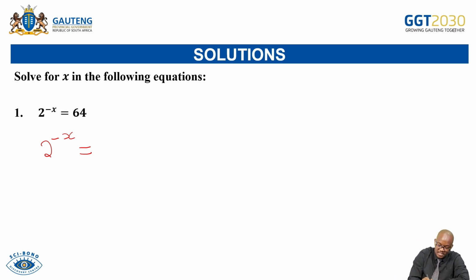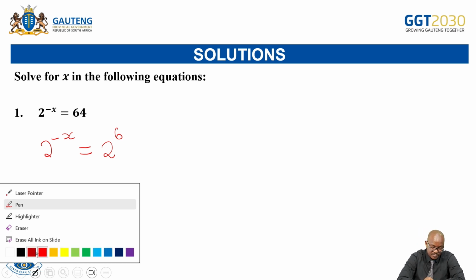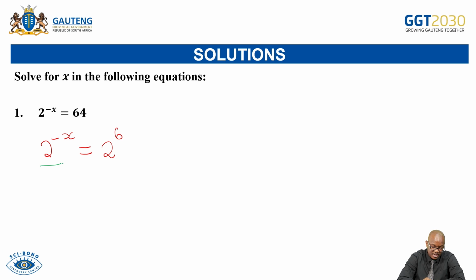If you have 64 as a prime factor, you are going to have 2 to the exponent of 6. Then you can see that in this case, we have the same base.